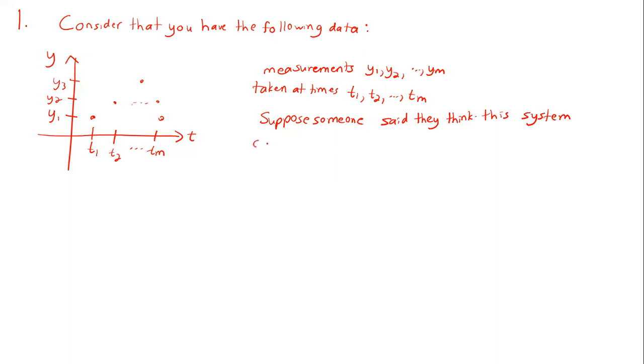So they think this system can be modeled by saying that there's this function phi of t and of some parameters x. So this is our time, but these are the model parameters that are yet unknown.